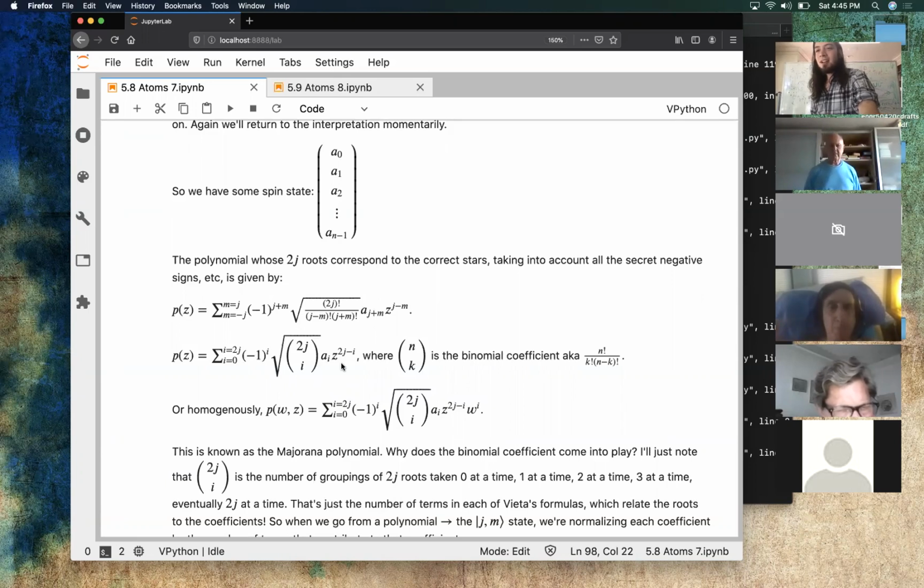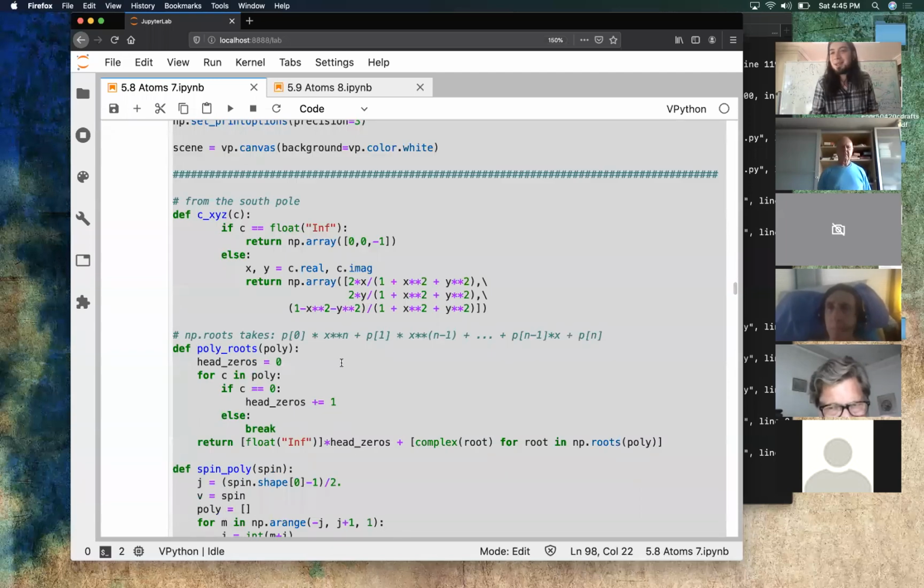So there's just that little extra bit. But other than that, morally speaking, you can interpret the components of the JM vector as the coefficients of the polynomial. And then the points are given by the roots of that polynomial. Okay, does that make sense?